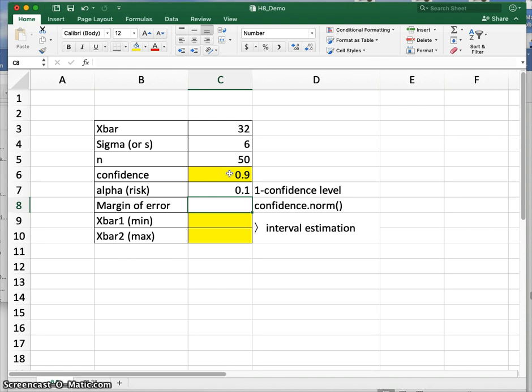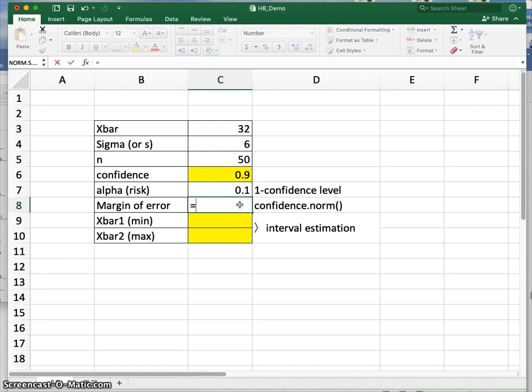Now we need to calculate our margin of error. And in your book there are several formulas that you can use traditionally to calculate this margin of error. But seeing as Microsoft Excel is mankind's greatest invention, that makes it very easy for us, we're going to use a function called confidence.norm to compute our margin of error.